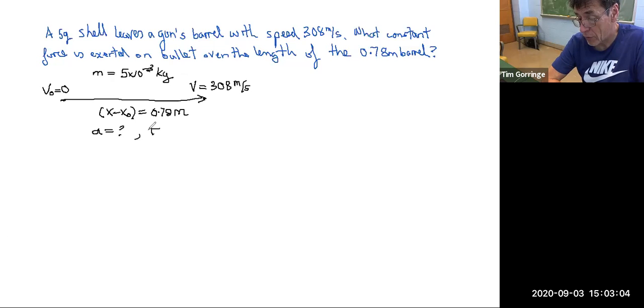And then we want to figure out the force on the bullet, which is also in the direction of motion because the bullet is speeding up. So we're going to start with the kinematics part and try and figure out the acceleration.